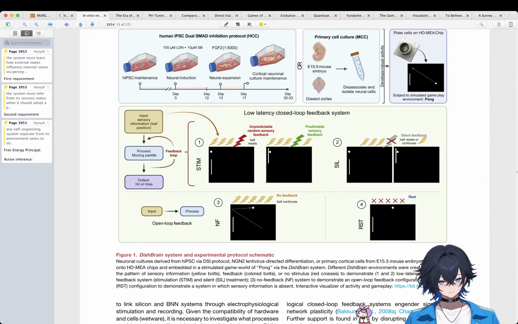Okay, so this is basically different feedback configurations, right? Open loop feedback. Okay, I guess no feedback, ball continues. Huh.